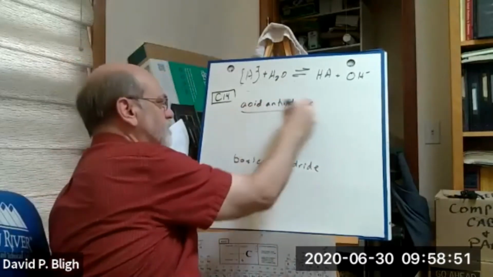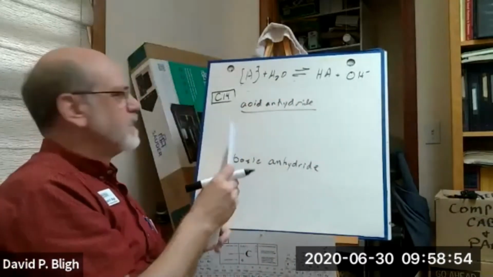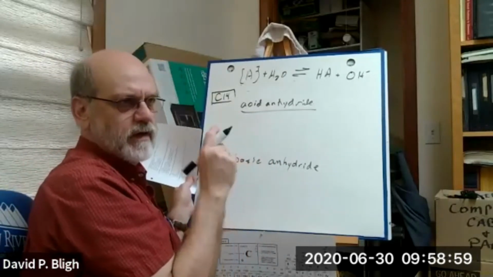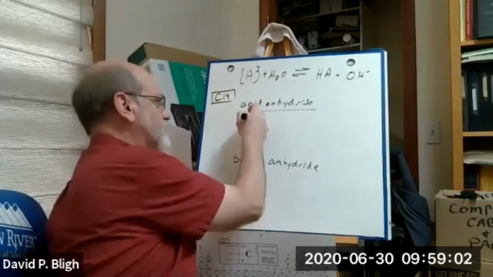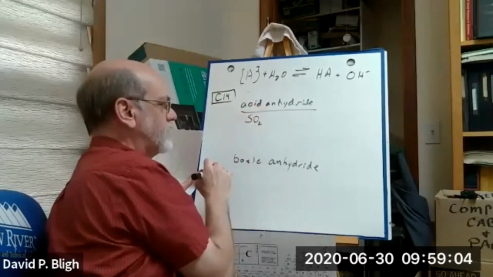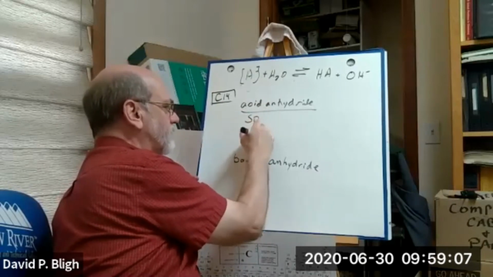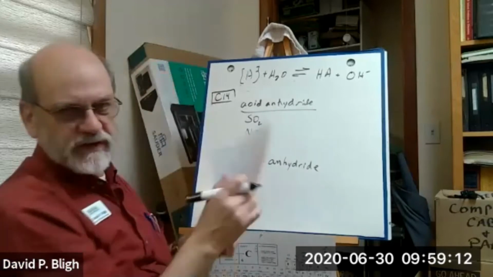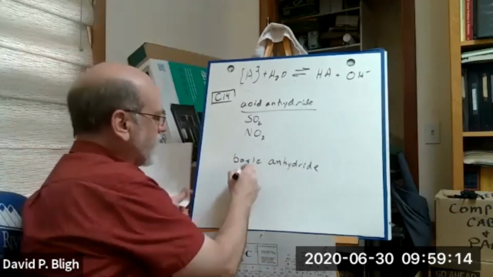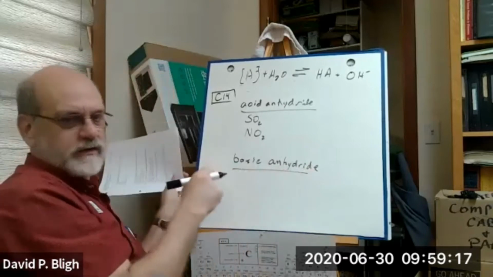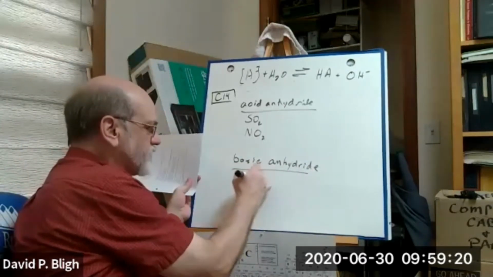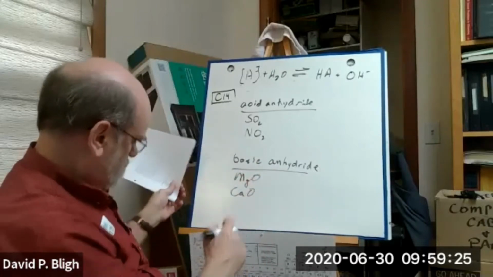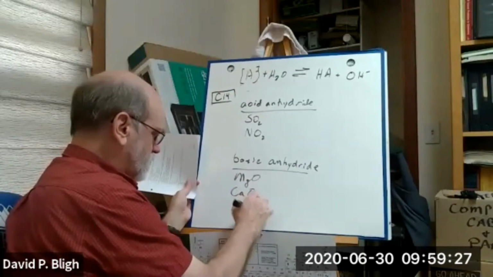The acidic anhydrides are oxygen-containing compounds of nonmetals. For instance, sulfur dioxide, nitrogen dioxide. I think those were the two examples we gave. The basic anhydrides are oxides of metals like magnesium oxide or calcium oxide or sodium oxide.